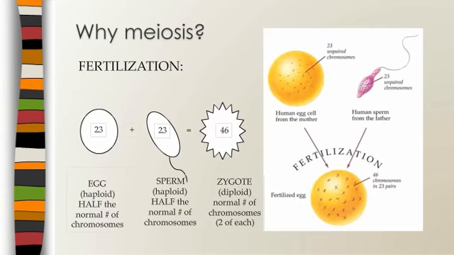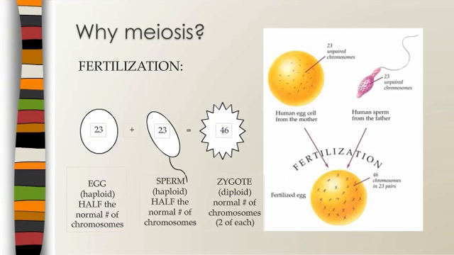So let's look at why we need the process of meiosis in a little bit more detail. This can be complicated, so please focus. This is also on your graphic organizer in the sexual reproduction section under meiosis. The reason we need this process of meiosis is because of fertilization.